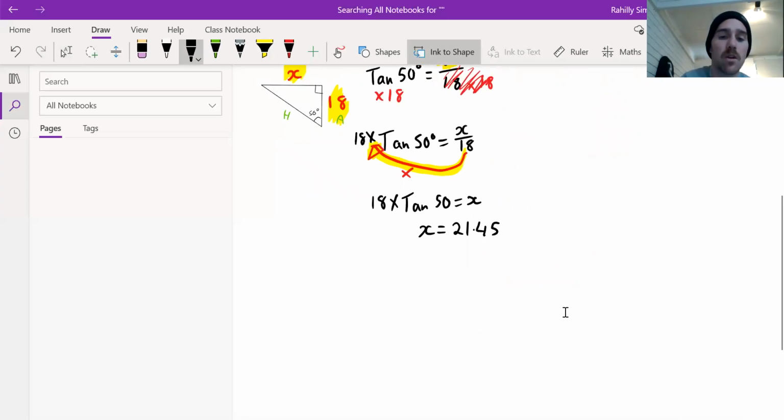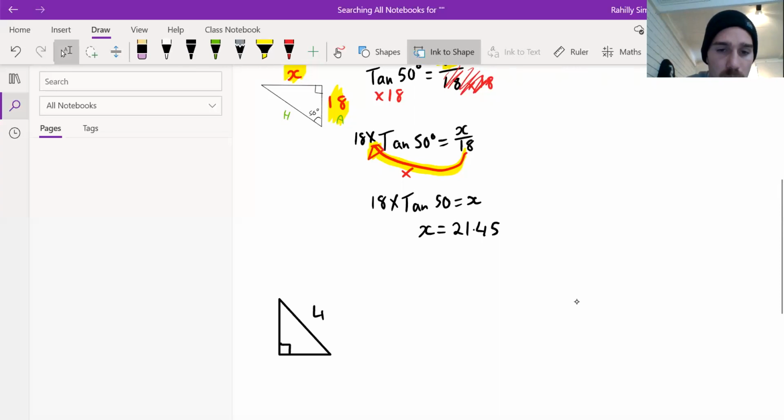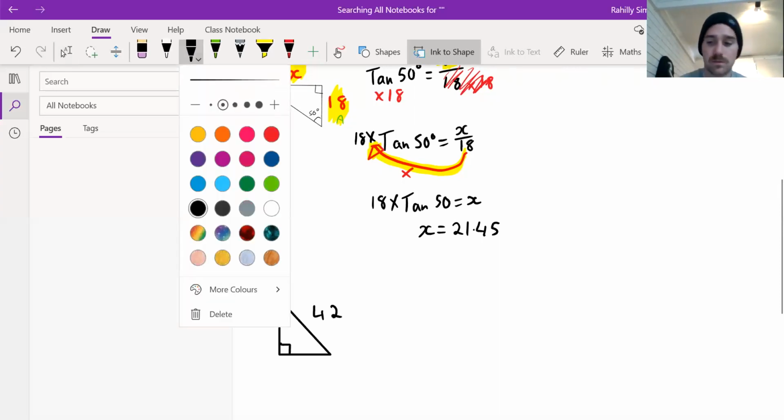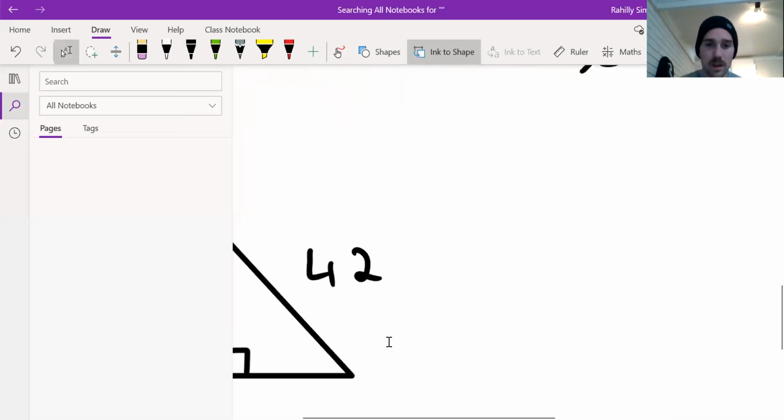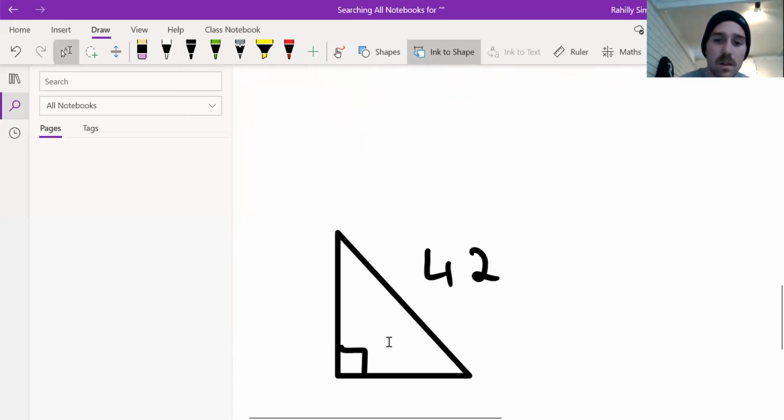So again, this is only when our unknown is our numerator. Okay, we've got that length is 42. Our angle is 38 degrees.